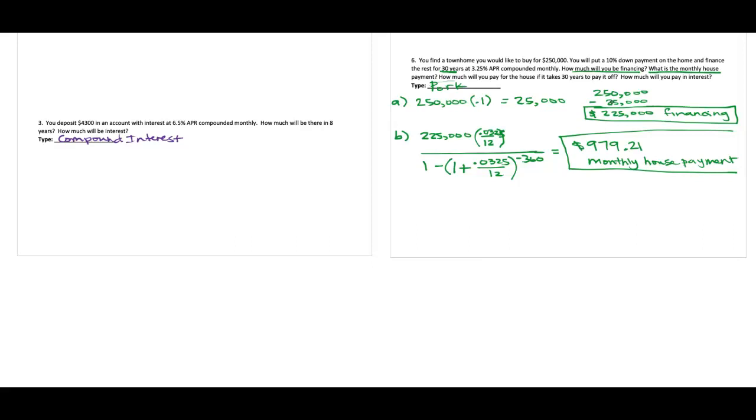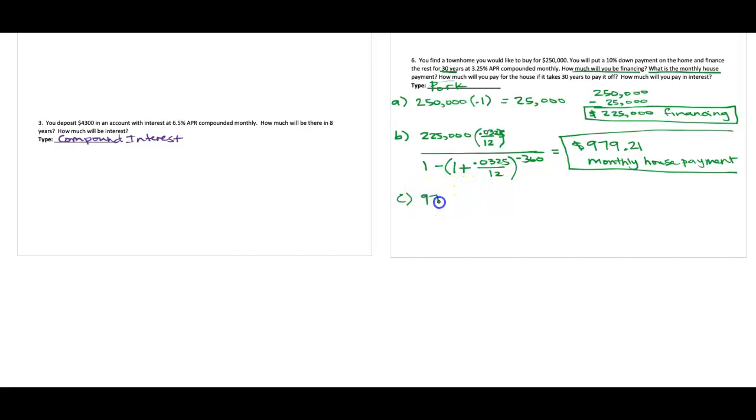And then let's see the third part. How much will you pay for the house if it takes 30 years to pay off? All right, so how do we figure out how much we're actually going to be paying for it? Because we're financing 225,000, but we're going to be paying a lot more for the house than that, right? Anybody remember what we do?